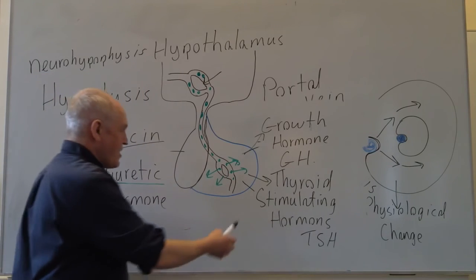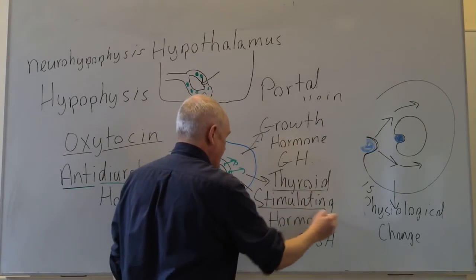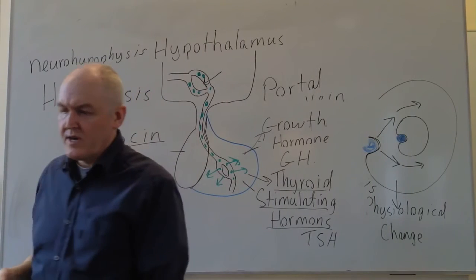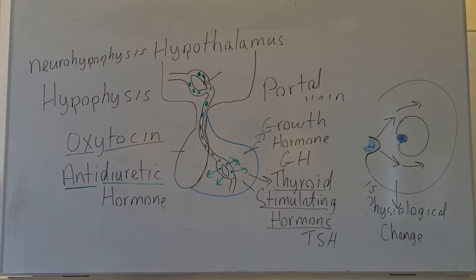So that's an example of a trophic hormone, thyroid stimulating hormone, because it is causing the thyroid gland to release its endocrine product.